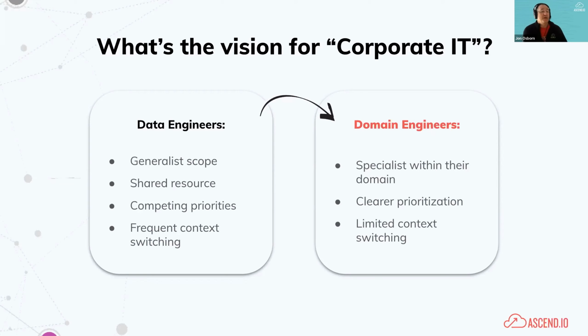This is because all of my domains are conflated onto a single model, so they have to understand something about everything to get something done in general. These folks are also a shared resource. So if my top engineer is working on adding a new dimension to some fact, I'm going to have to then serialize the extra dimensions that I also want to add in the backlog so that they're working on one thing at a time. They're a shared resource.